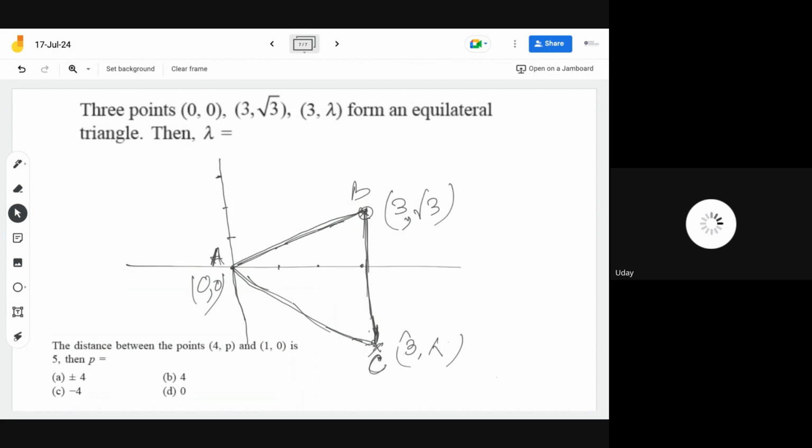So you establish 5 as the hypotenuse of this triangle. Okay.